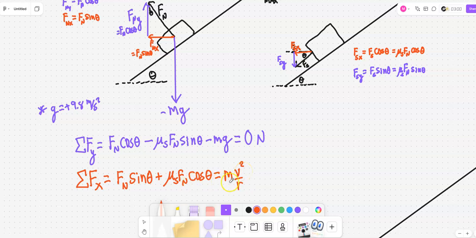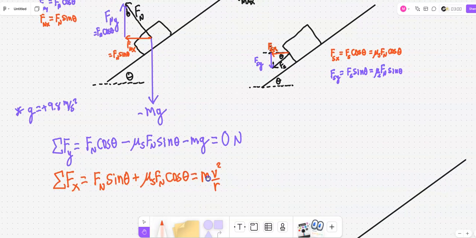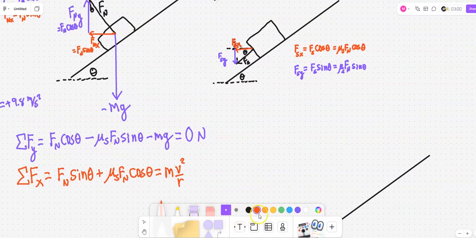Okay, so now let us use our sum of the forces in the y direction and find the normal force. So I'm going to factor out normal force, and that's going to give me cosine of theta minus mu s sine of theta minus mg. I'm going to stop yip-yapping and just do it.